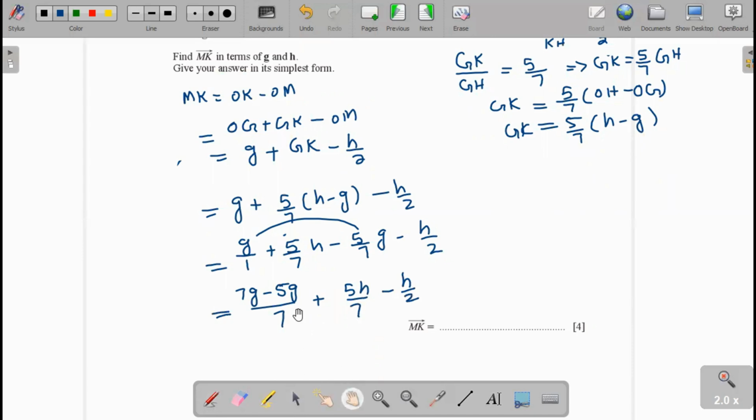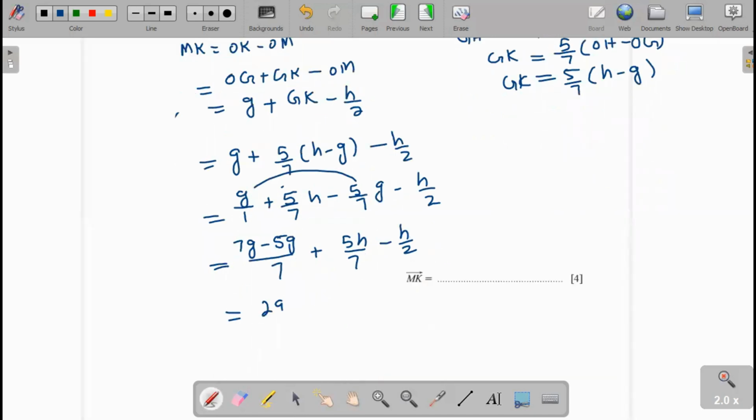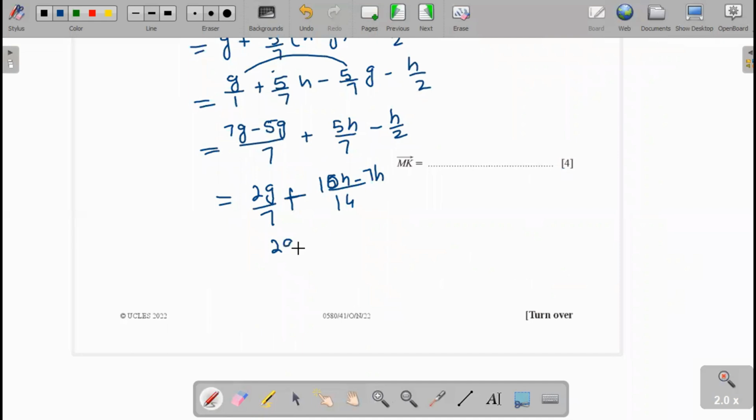That value becomes 2g over 7, and with 14 as the LCM, that is equal to (10h minus 7h) over 14. Now we can write it as 2g over 7 plus 3h over 14. Therefore, this is the answer: 2 over 7 g plus 3 over 14 h.